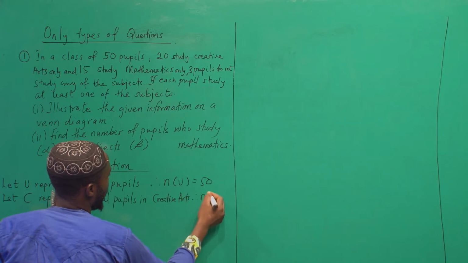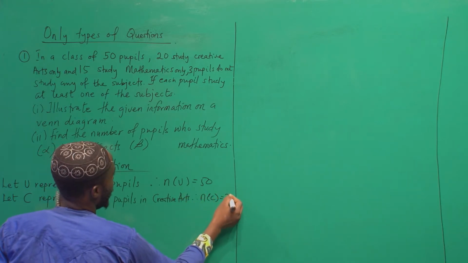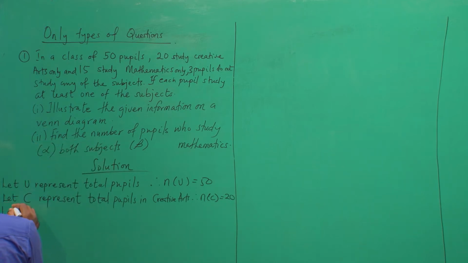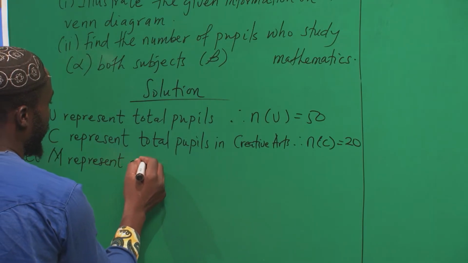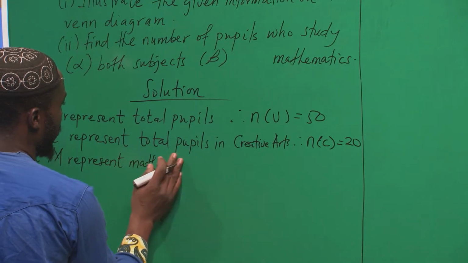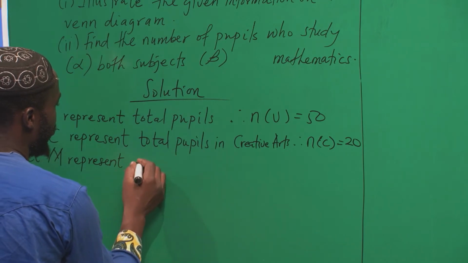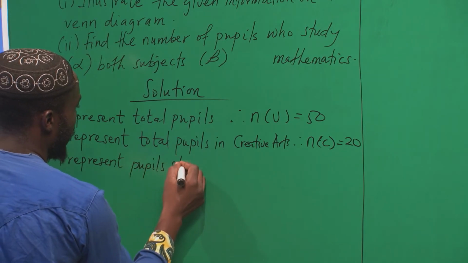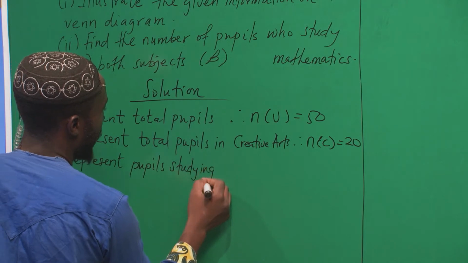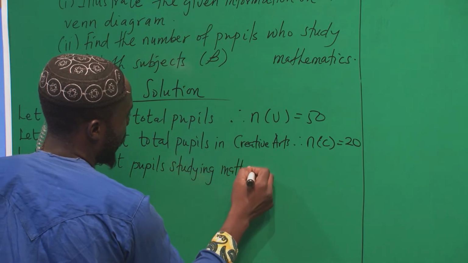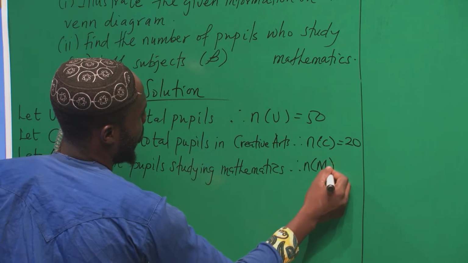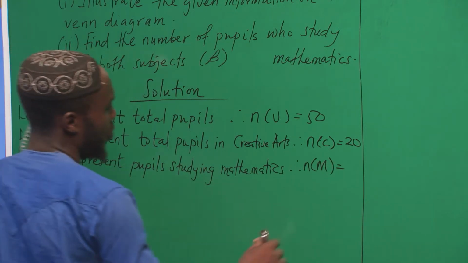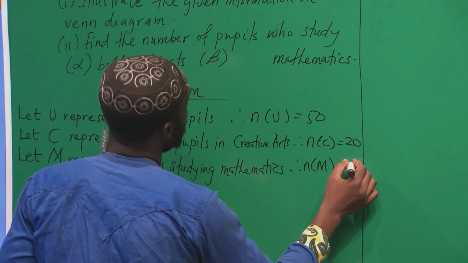Therefore, N of C is equal to 20. Then let M, mathematics, represent pupils studying mathematics. Therefore, N of M is equal to 15.